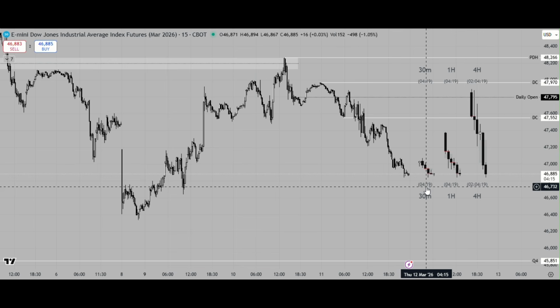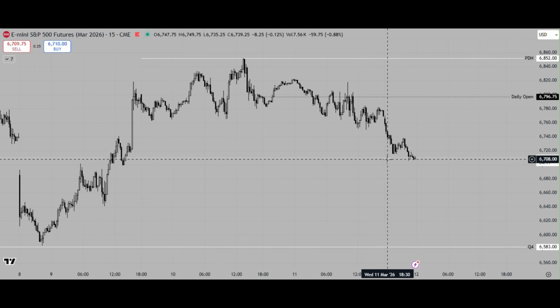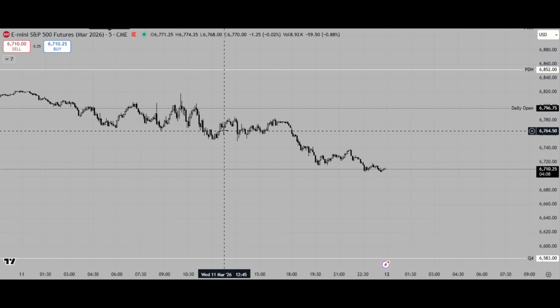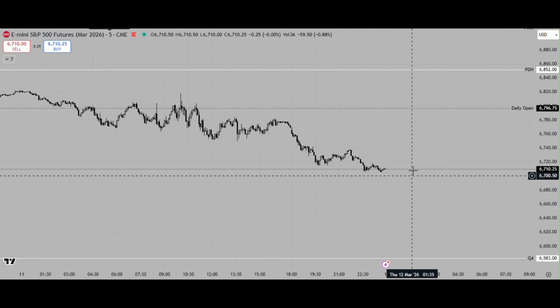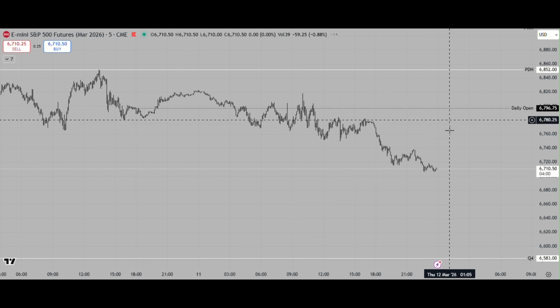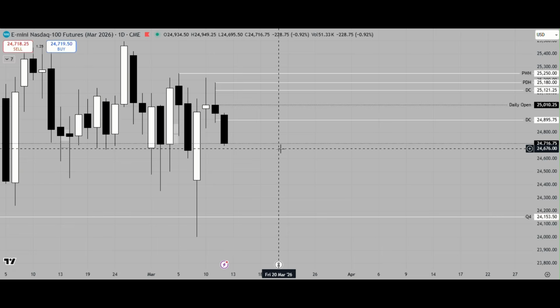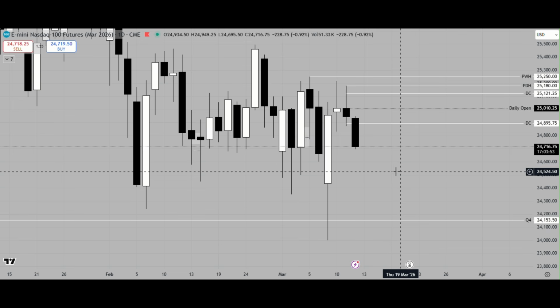But that's what possibly could happen. Let's look at the structure, how it's going down. Possible market maker buy model in construction that will reverse at 12 and then go up. Continuation during New York, going up. That's what I am seeing, but don't take my word for it, because that stuff can change.